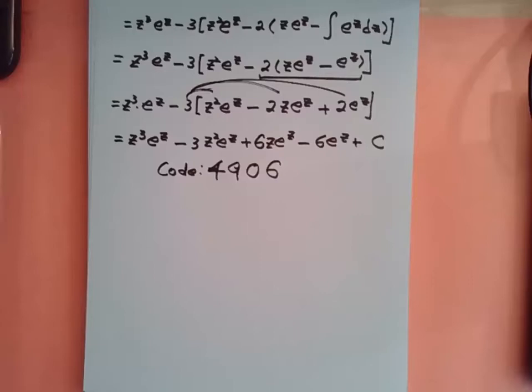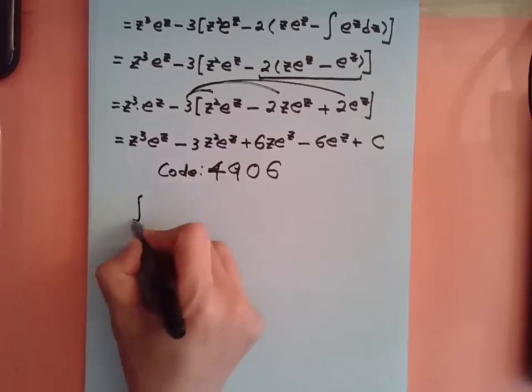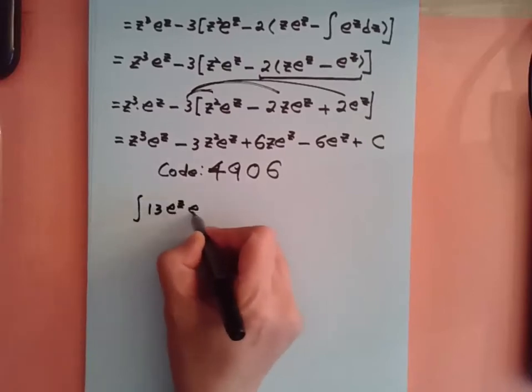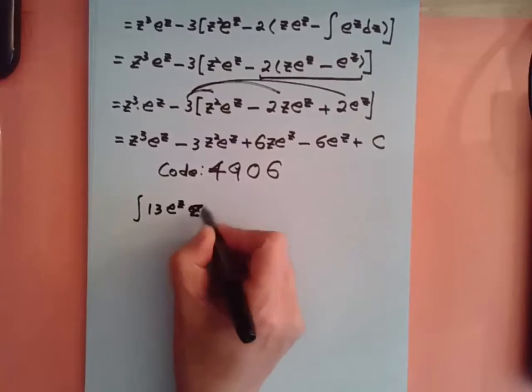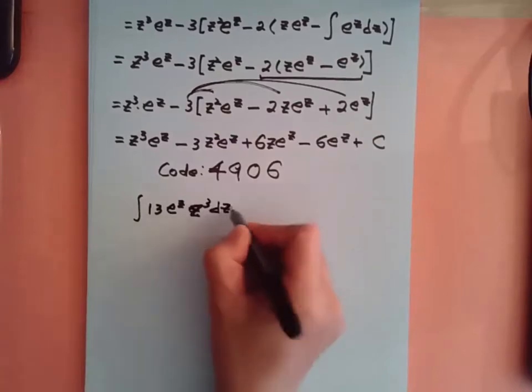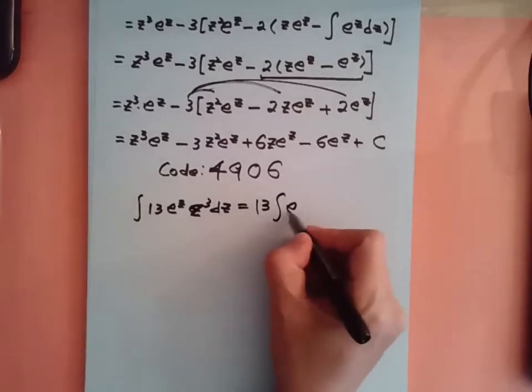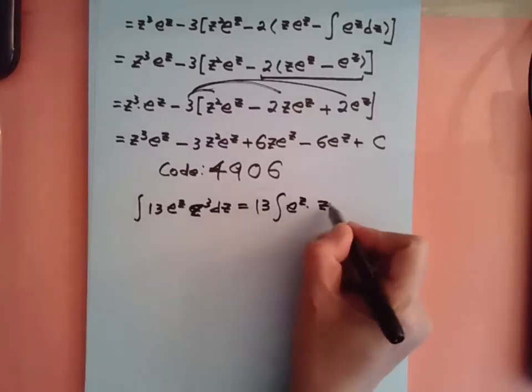We have only one more step. The last step is just multiplying by 13 to the entire thing, because the integration of 13 e to the z times z cubed dz equals 13 times the integration of e to the z times z cubed dz.